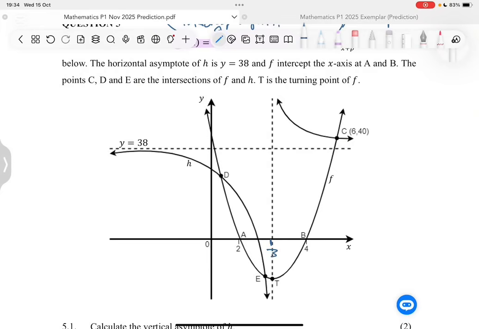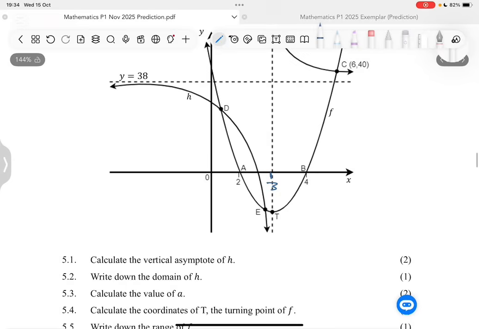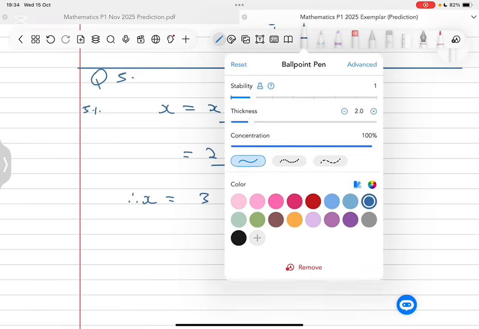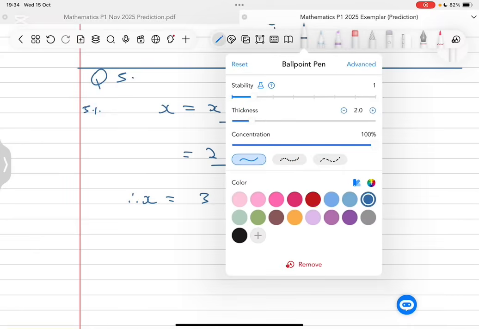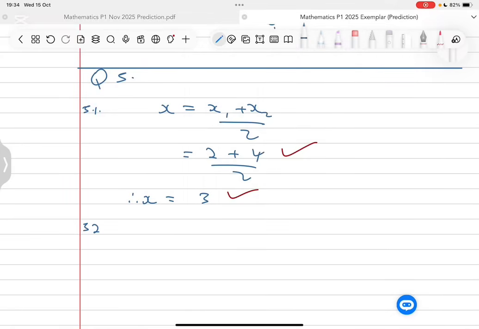Now, this question is worth 2 marks. So we are going to get a mark for substituting in the equation and also the final answer. Going to the next question.